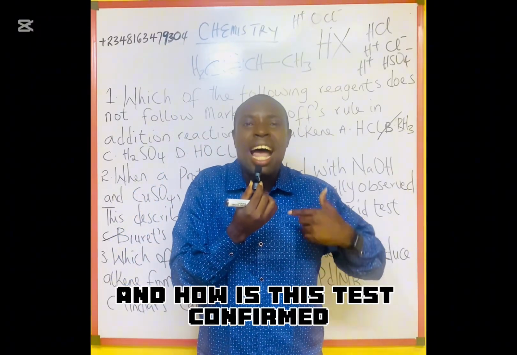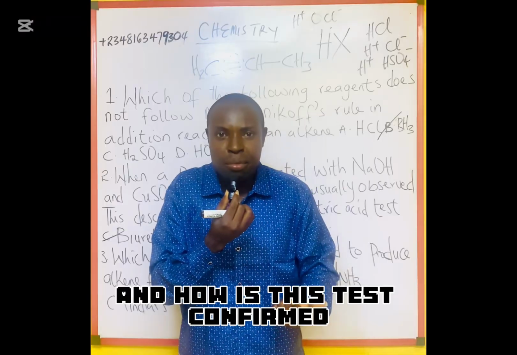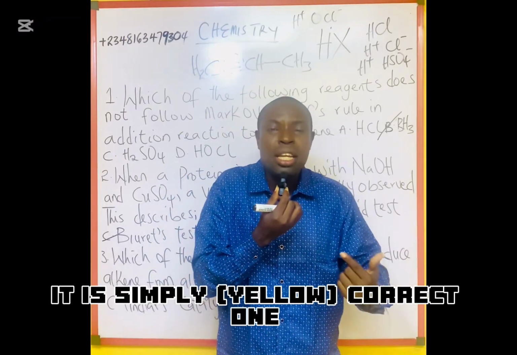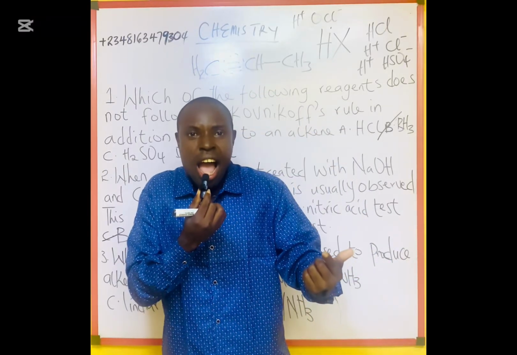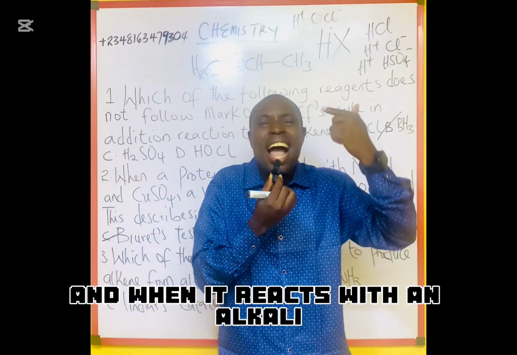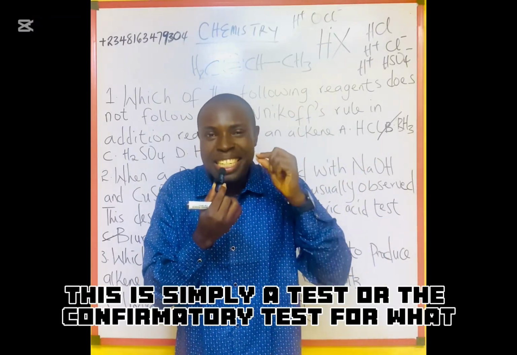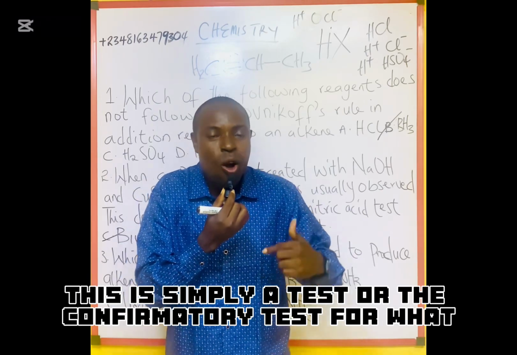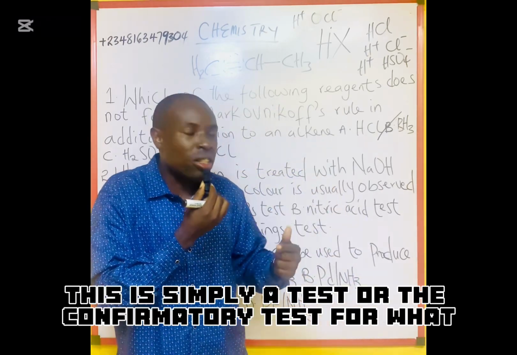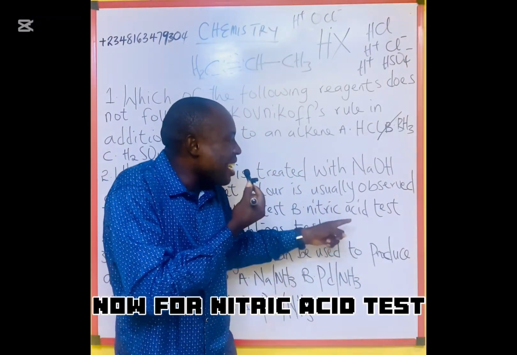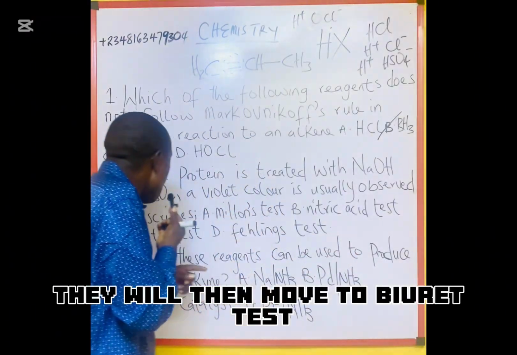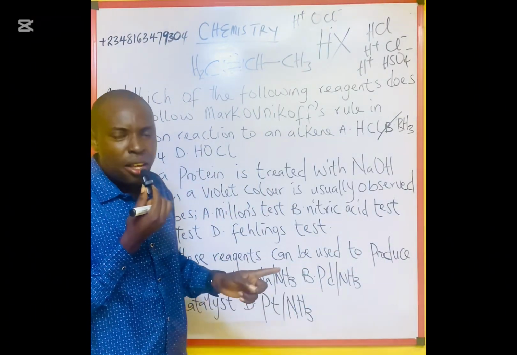And how is this test confirmed? It is simply red, and when it reacts with an alkali, it turns yellow. This is the confirmatory test for the nitric acid test.